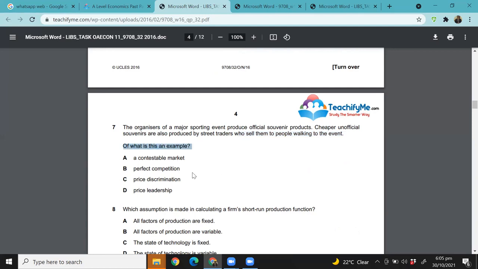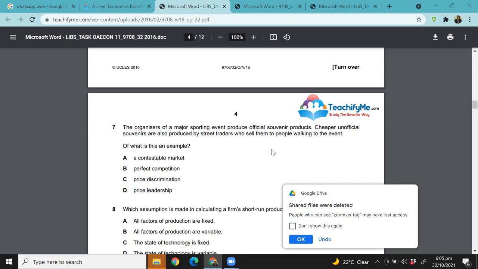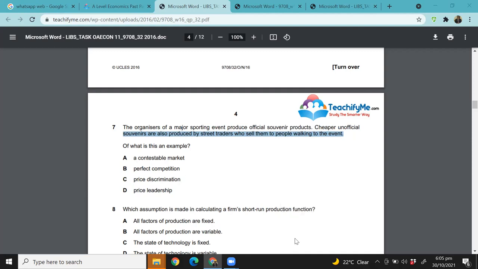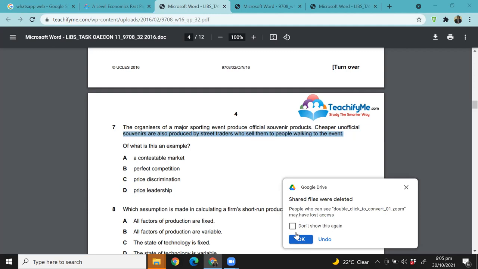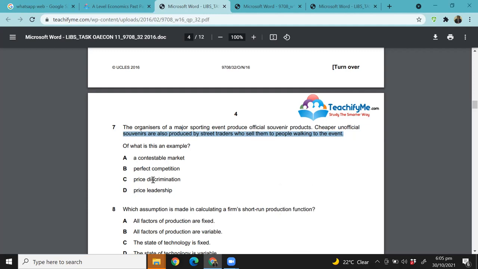A contestable market, perfect competition, price discrimination, or price leadership?